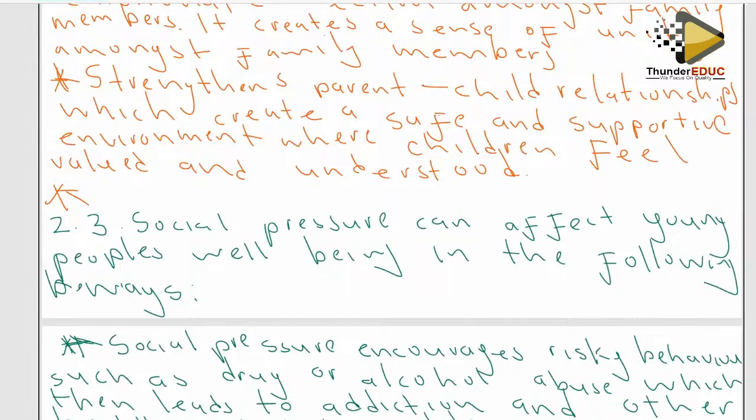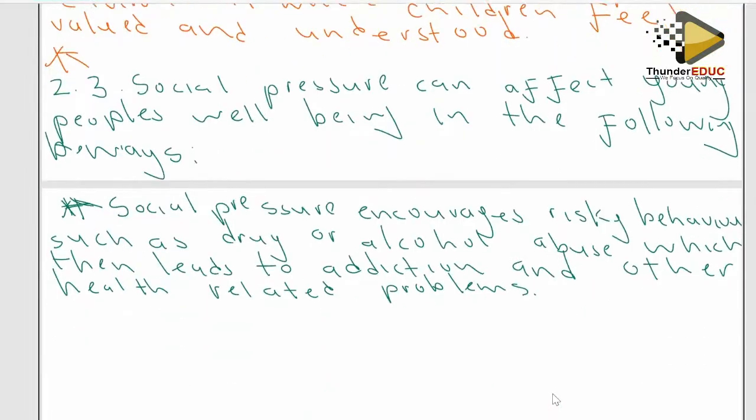So that is the first thing. Social pressure encourages risky behavior such as drug or alcohol abuse, which then leads to addiction and other health-related problems.